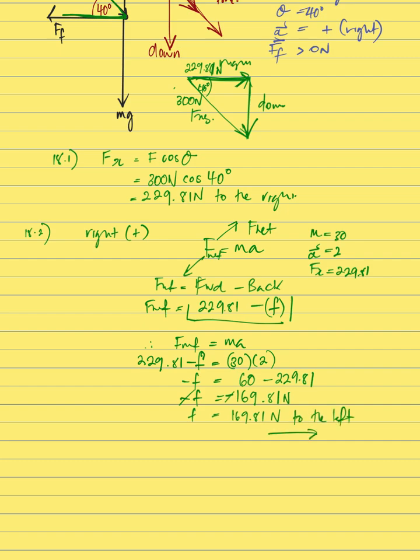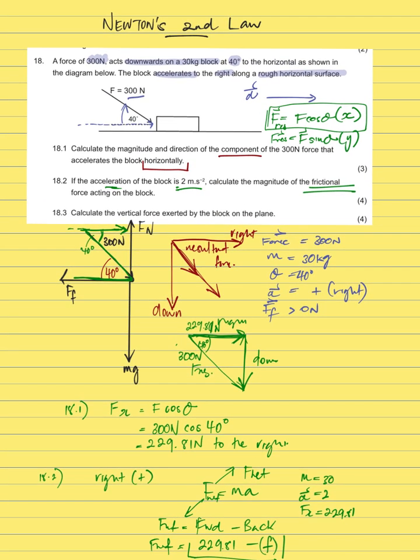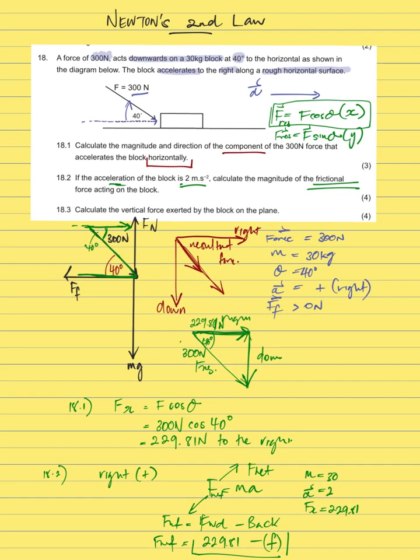Right, so I've got that sorted out. Right, 8.3. 8.3 says calculate the vertical force exerted by the block on the plane. Right, when I talk about vertical in this sort of situation, I need to look at how many downward forces I have.